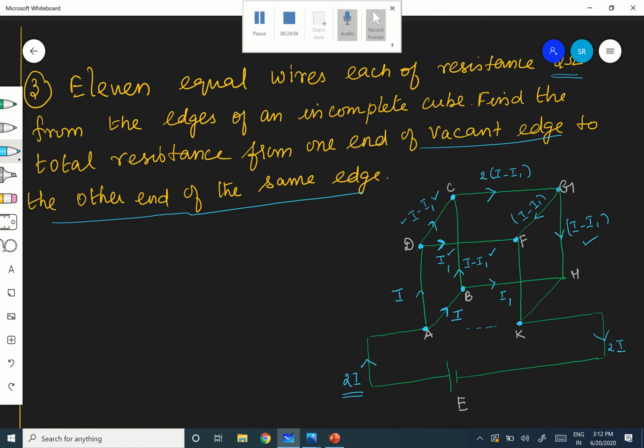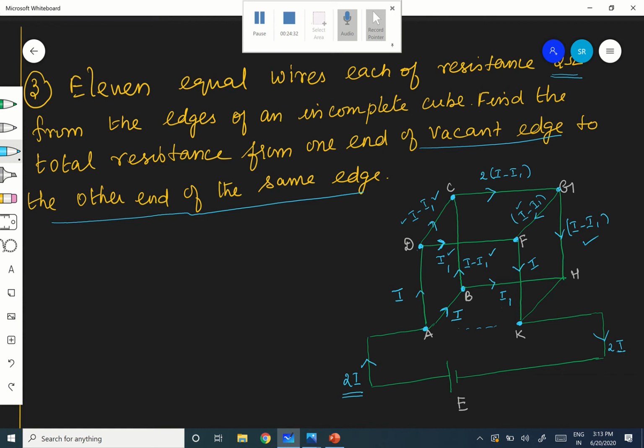I1 plus I minus I1, is it correct? See, this I1 is entering. Here I minus I1 is also entering. Therefore, I1 will get cancelled. Therefore, only I will be there. So, what current is leaving from F? That is I. That is I. Okay. It is not that easy.